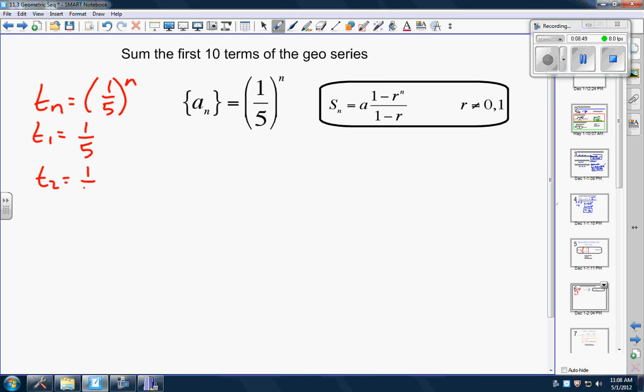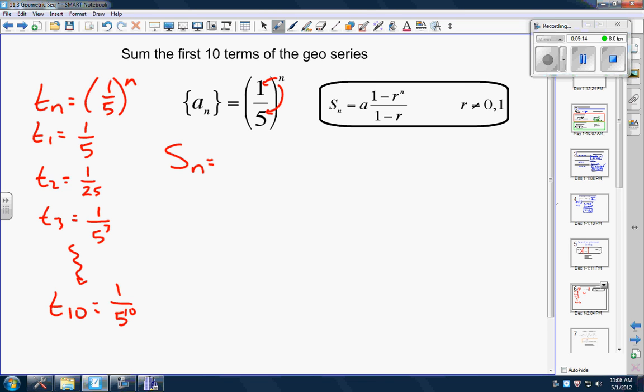The next term would be 1/25, because that n's going to apply there and there. It's not going to change anything with the 1. Third term would be 1/5 cubed, and all the way down until we get t sub 10 is 1/5 to the 10th.